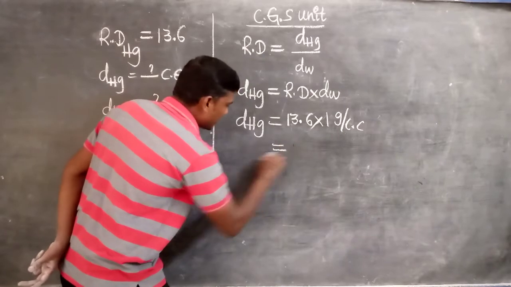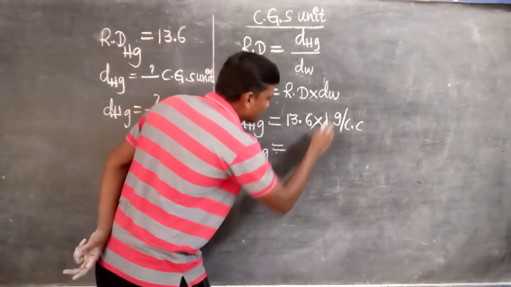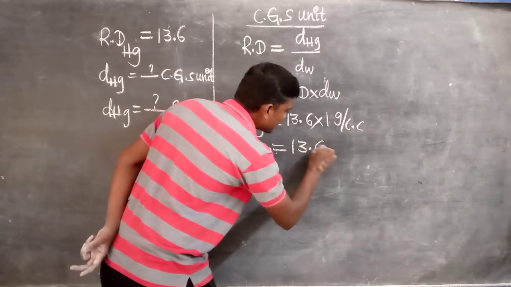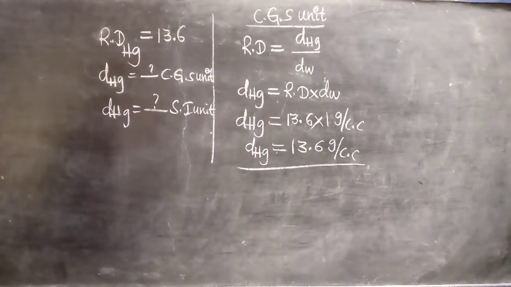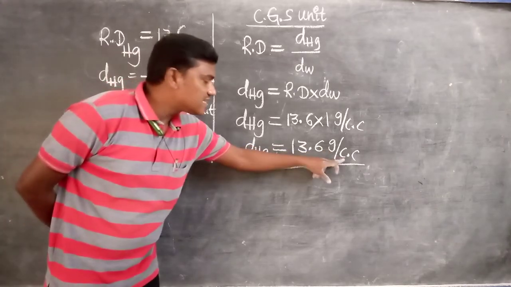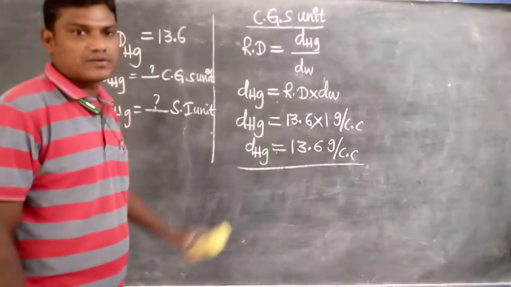So the density of mercury is 13.6 into 1, that is 13.6 gram per cc. This is the density of mercury in the CGS system.